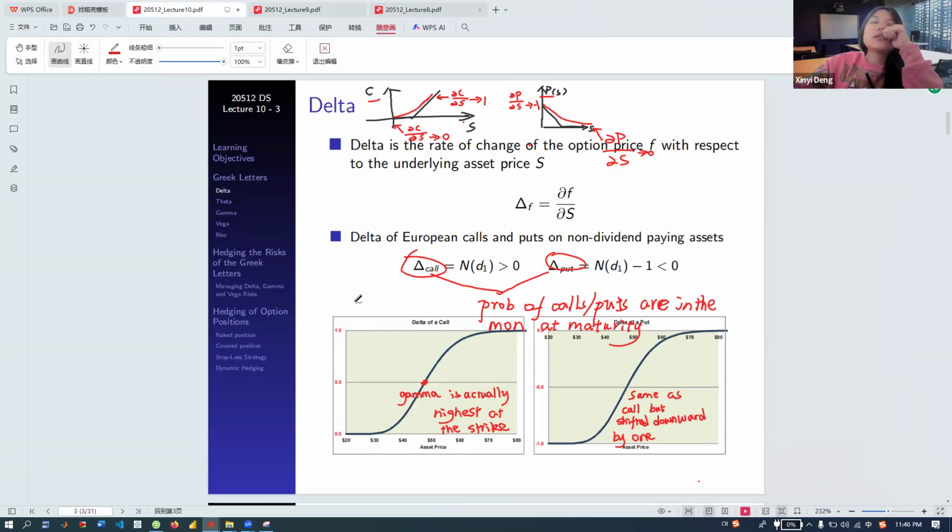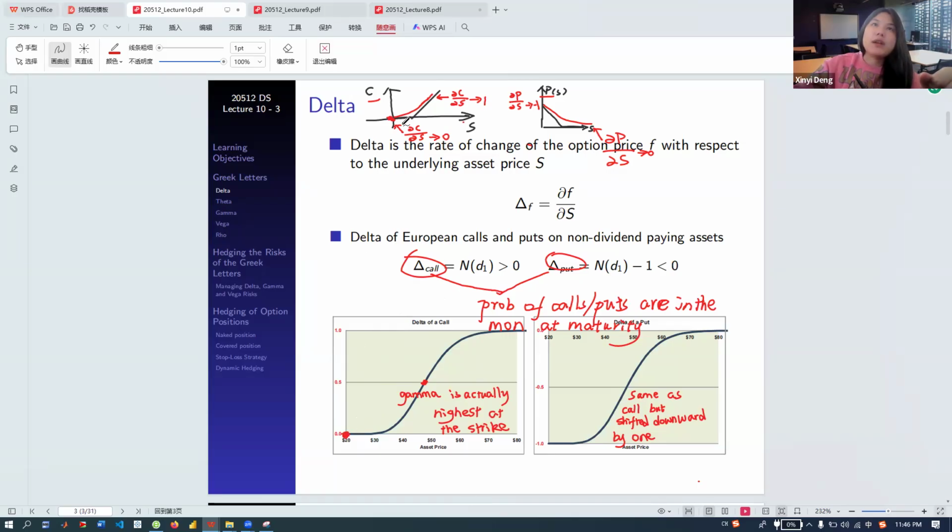For the bottom two figures, I'm directly drawing delta with respect to S. So the x axis is S and the y axis is delta for the below two figures. And if we focus on call again, that slope I just showed you corresponds to this point.